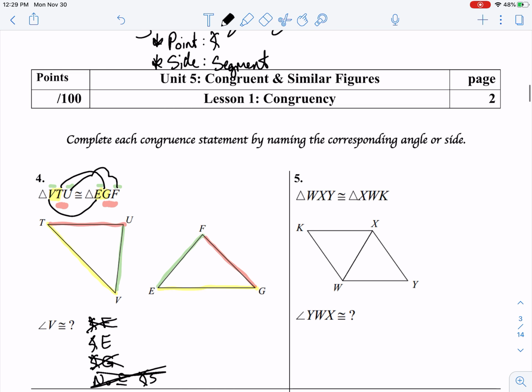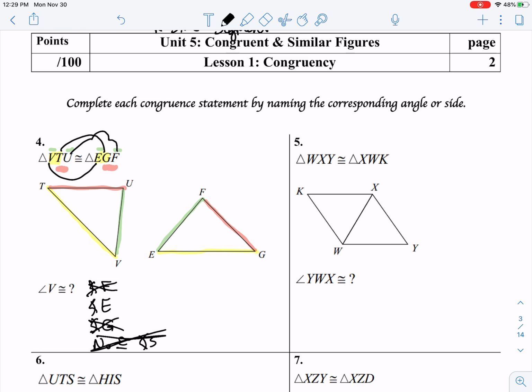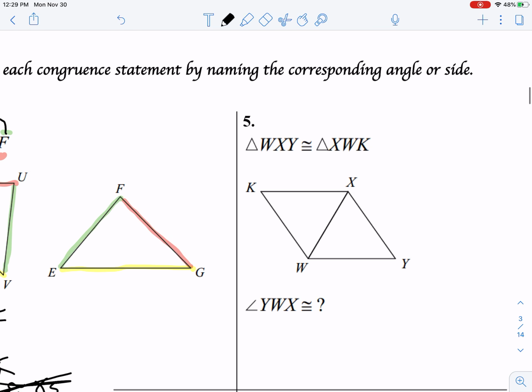Okay, number 5 is one of those special cases, right? These triangles share a side. They're connected by a side. So that means we can say that this segment goes with each other. Again, WX to XW. Then XY to WK.